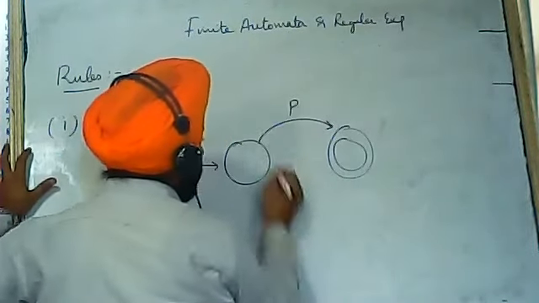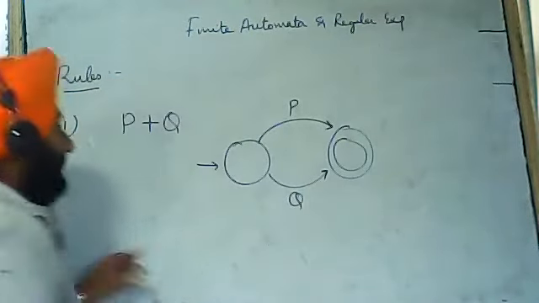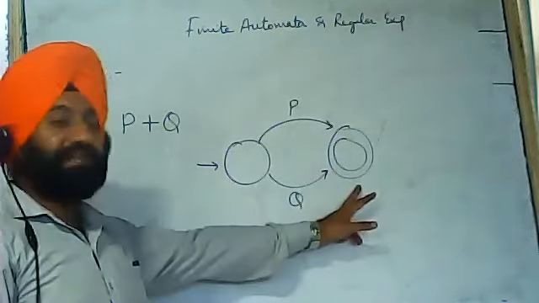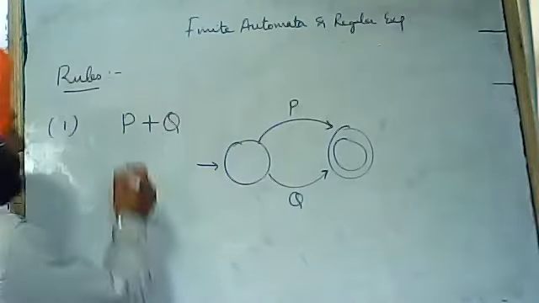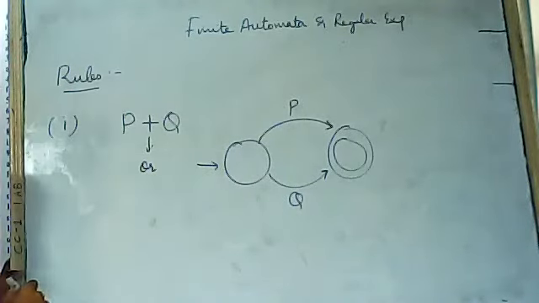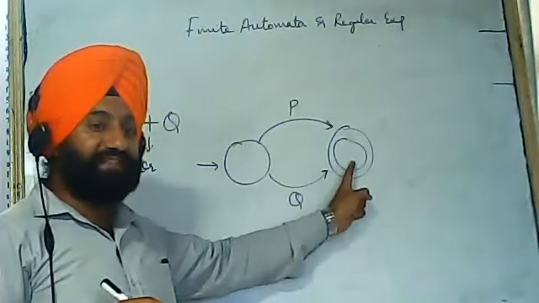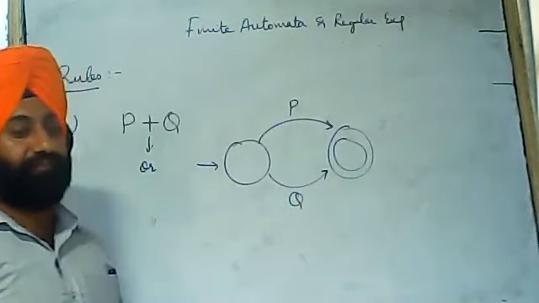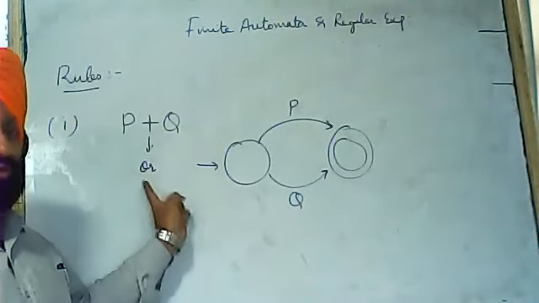We have P, we have Q, an initial state, and a second state, the final state. Plus basically means or, so I have two ways to go to the final state: one with the P edge and another with the Q edge, right? So this is the rule for plus, or.